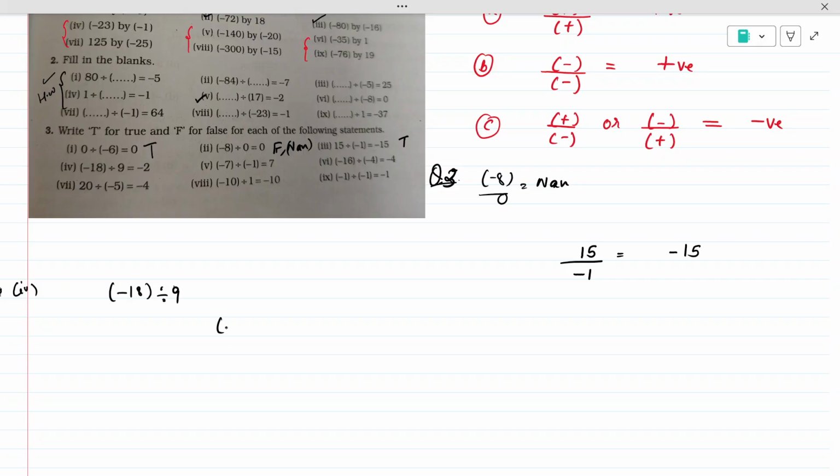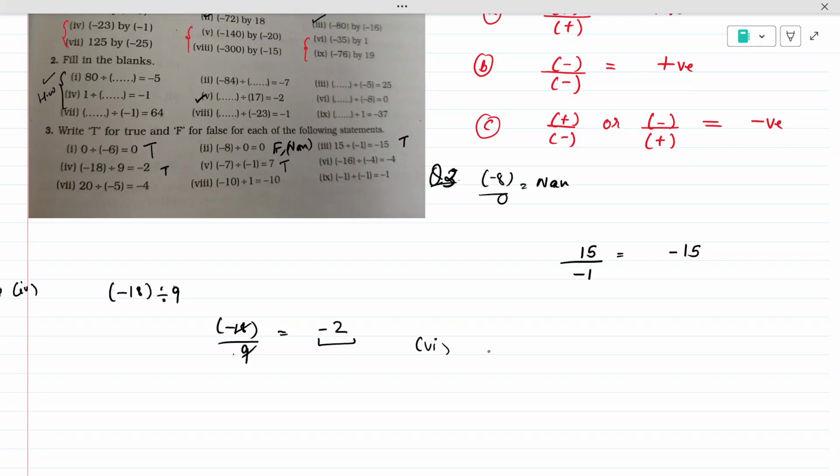Okay, so minus 18 is this, divide this with 9, you will get 9 into 2 is 18, minus divided by plus is minus, so it is minus 2. That means this is also true. Next question, minus 7 divided by minus 1, 7 divided by 1 is 7, minus divided by minus is plus. This is also true.